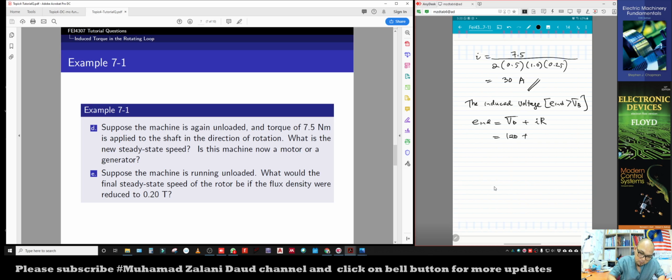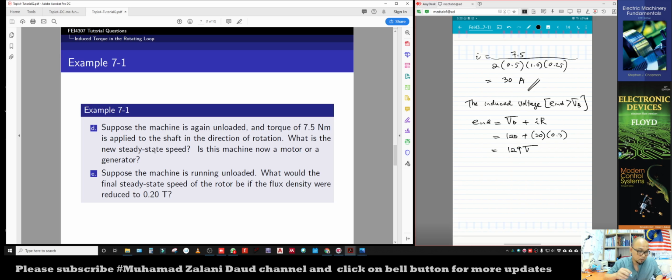I is 30 amps, R is 0.3. Now we get the induced voltage of 129 volt. And then in this question D, the first question is to determine the new steady state speed, right?